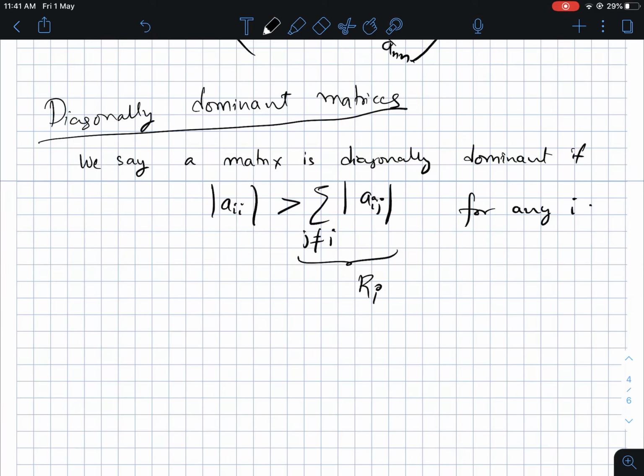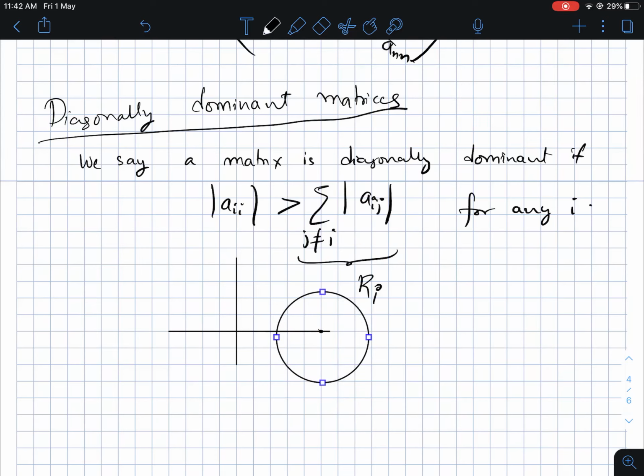Okay, so what does this say? Thinking intuitively from the complex plane perspective, it says that your ith diagonal entry is very far. The distance of the ith diagonal entry from the origin is bigger than the radius of the circle. That means maybe your ith diagonal entry is here and your radius is something like this.